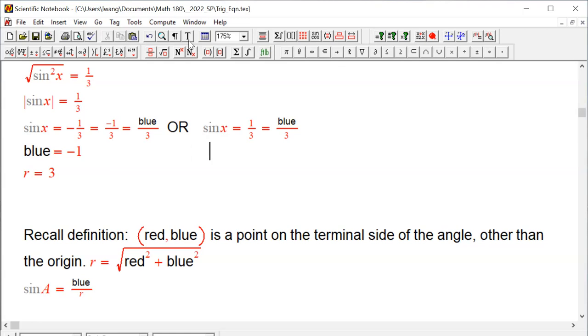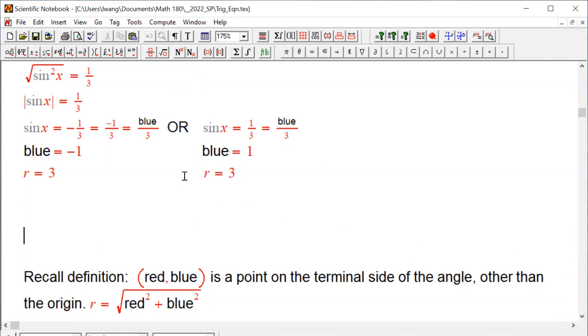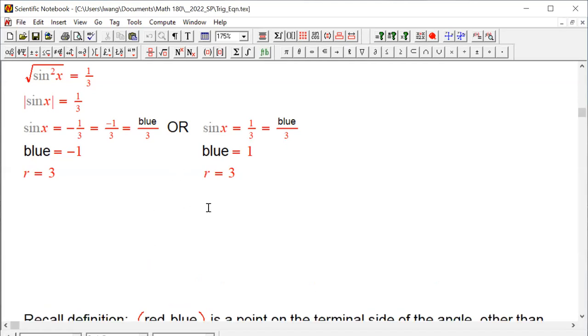In the other case, the blue is positive 1, and r is also 3. So from the definition, we could already decide on these two cases: 1/3 and negative 1/3.